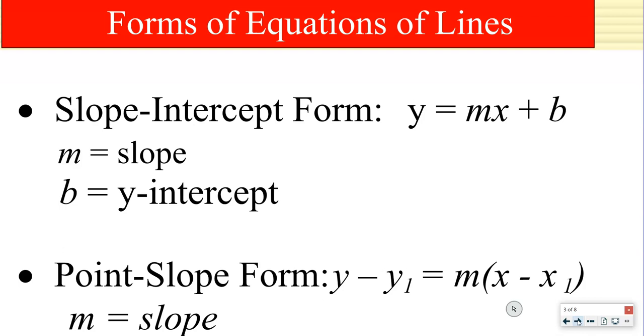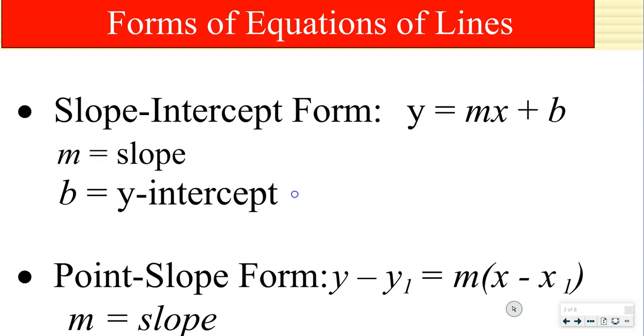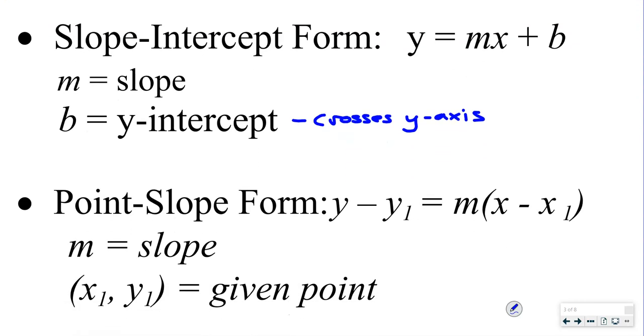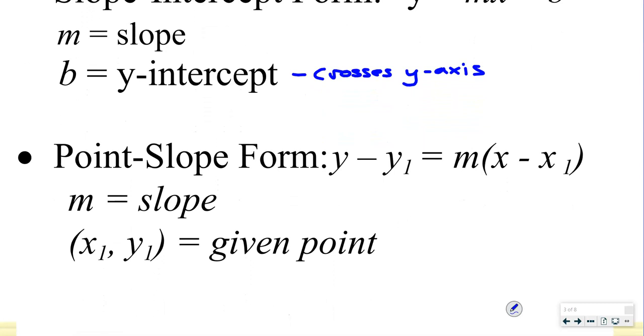So y-intercept crosses the y-axis. Now, point slope form is y minus y1 equals m times x minus x1.